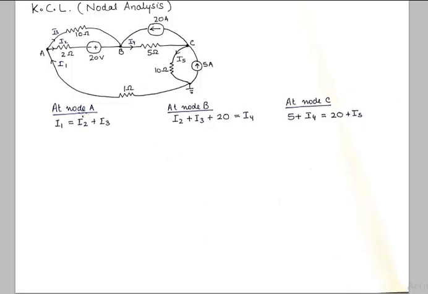So what we can see is that at node 1, I1 current is entering and I2 and I3 are leaving. So at node 1 Kirchhoff's current law will give me this equation.